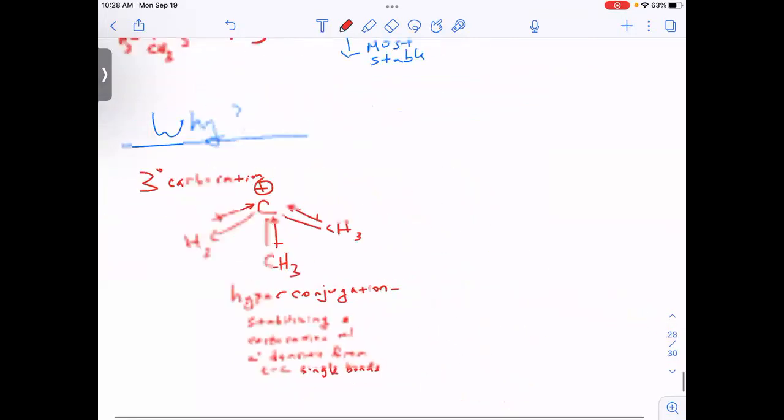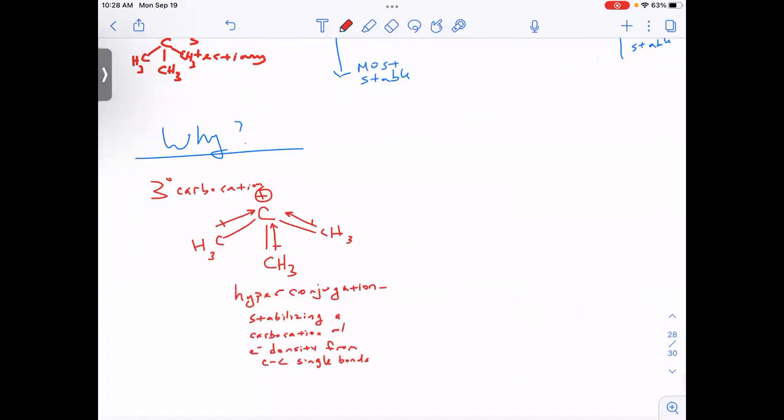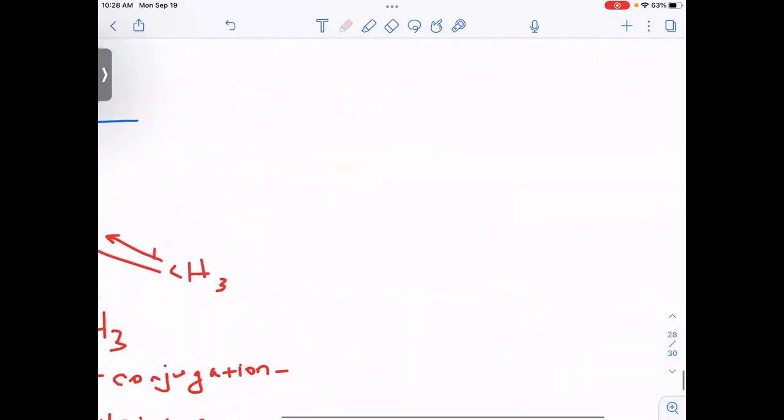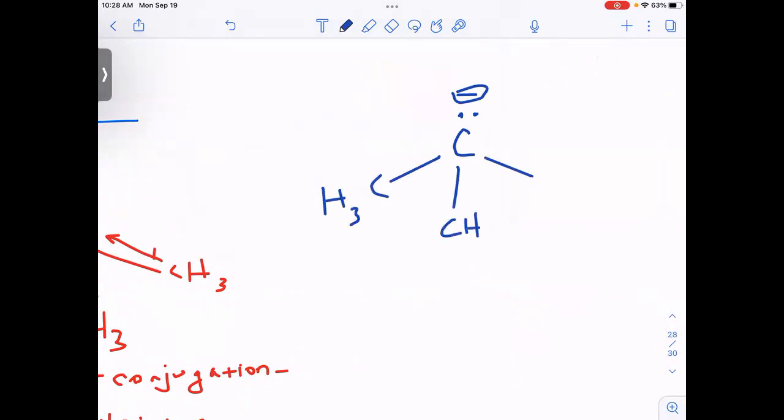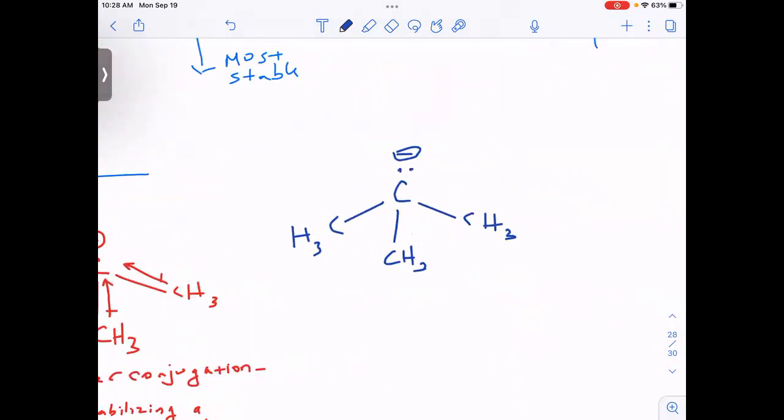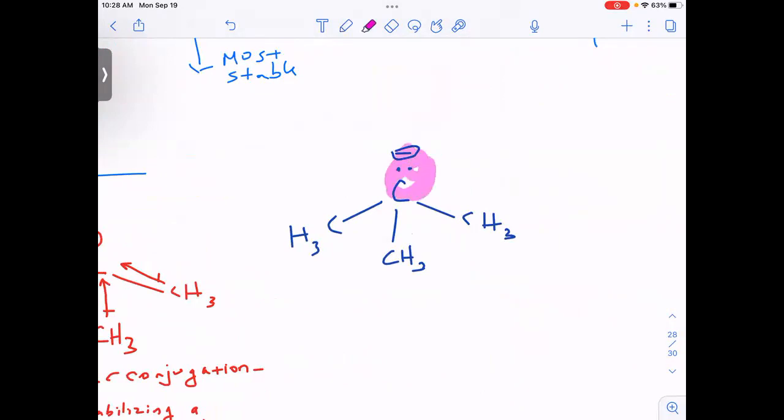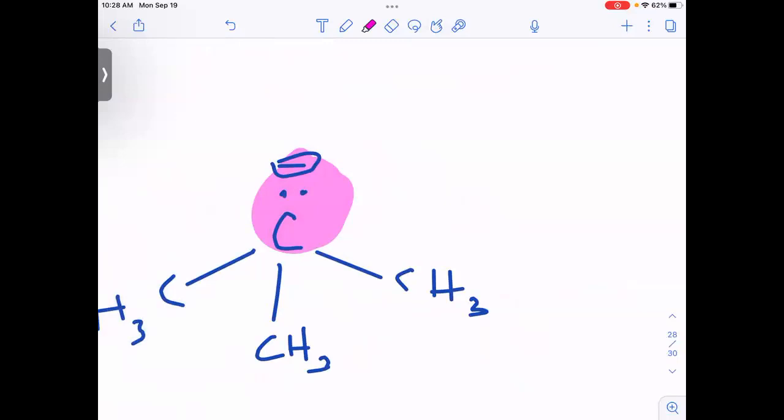All right. By the same token, the tertiary anion is the least stable because of the same reason. It has a charge, it has electrons, it's electron rich. And if you got all of these carbon-carbon single bonds around it, right? This atom is already electron rich. And so putting those electron rich bonds around it is going to destabilize the charge.